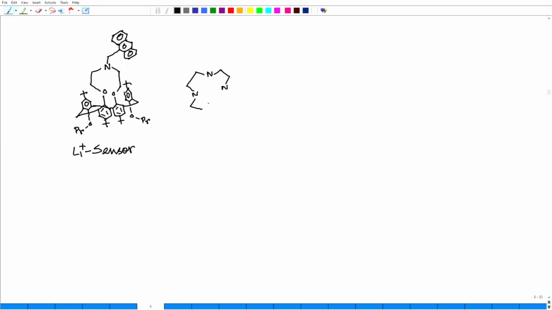Another cryptand I will show you before I end. It is a cryptand, and this cryptand has a methyl group, a dimethyl derivative, and another is anthracene.